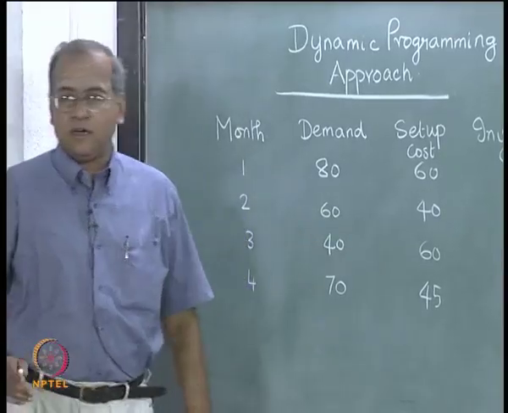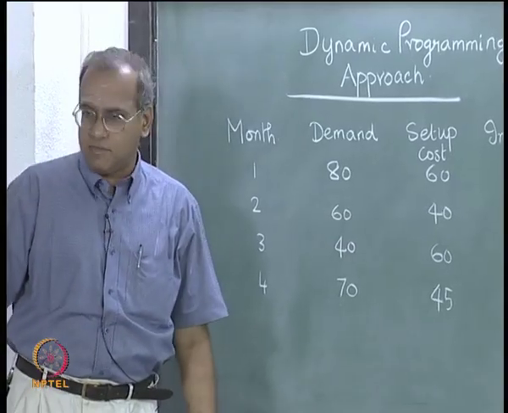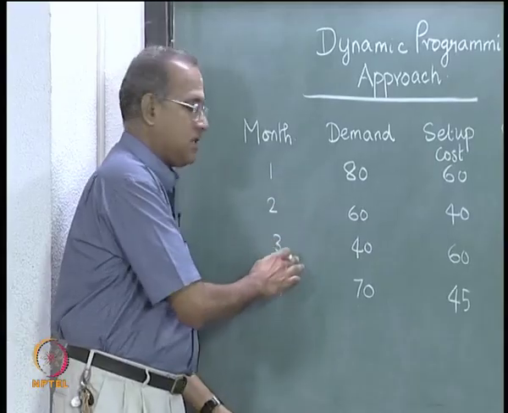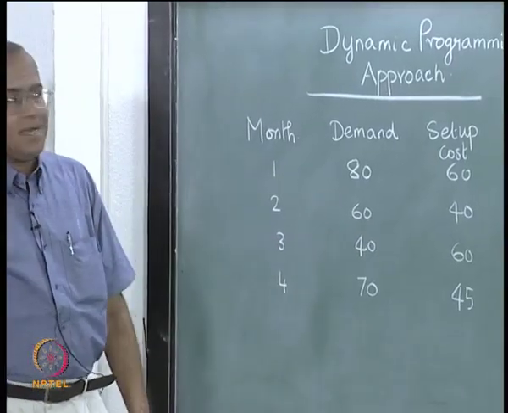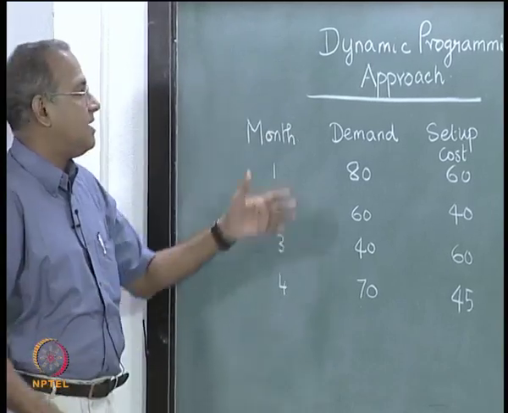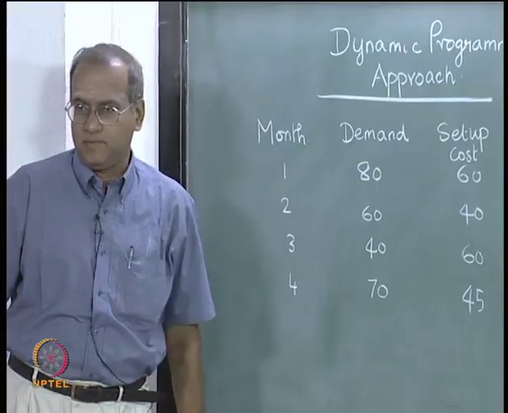We also observe that dynamic programming is also a very good methodology to solve this problem, where the stage will correspond to each of these 4 months. The state variable for dynamic programming would correspond to the inventory that is available at the beginning of each period.